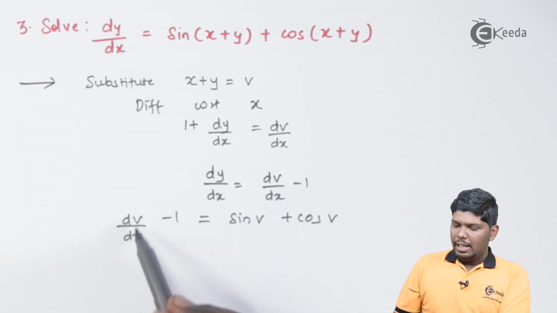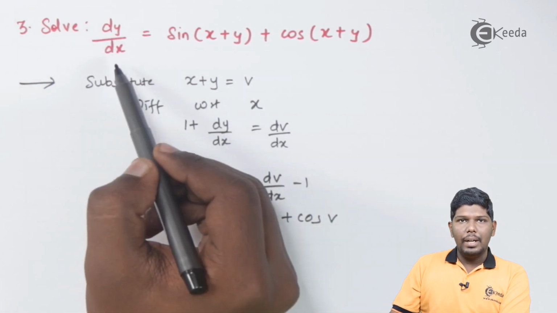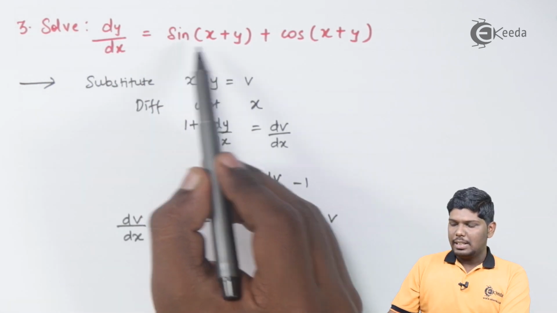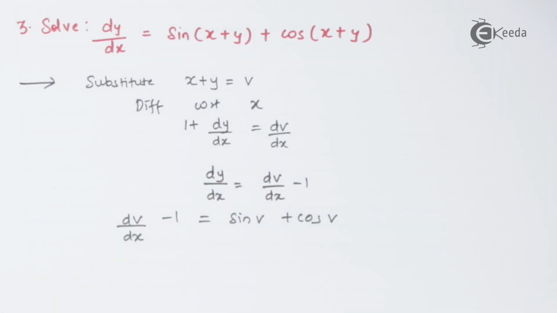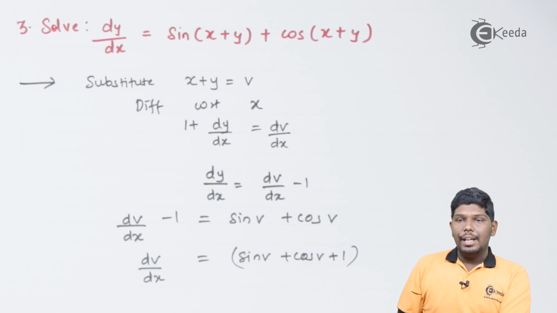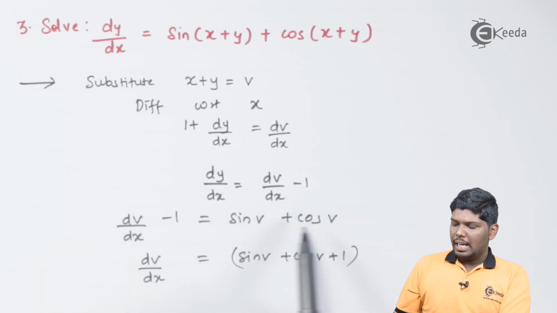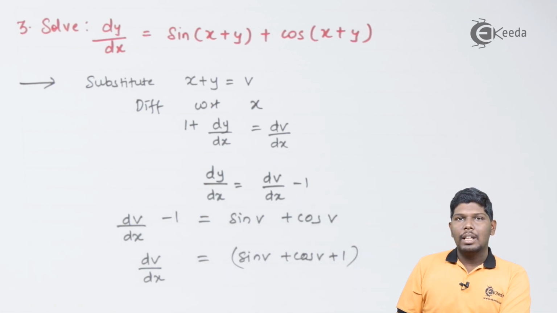Here we have dv by dx minus 1 as dy by dx, and this will become sin v plus cos v. Taking minus 1 on the right hand side, we have sin v plus cos v plus 1. Now the next step will be separation of variables.